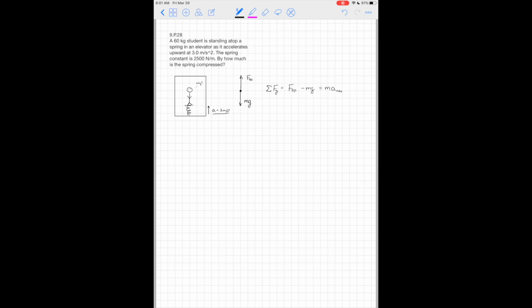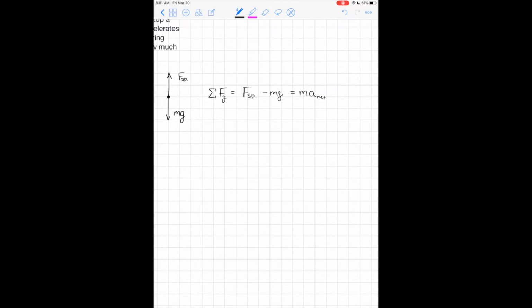So if I throw my weight on the other side here, I have my spring force. We'll substitute in just a second for that. Is equal to, let's factor out mass, and I have my net acceleration. I'm going to drop saying net. I'm just going to say a plus g.